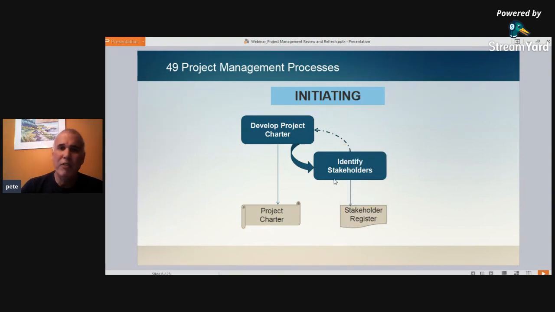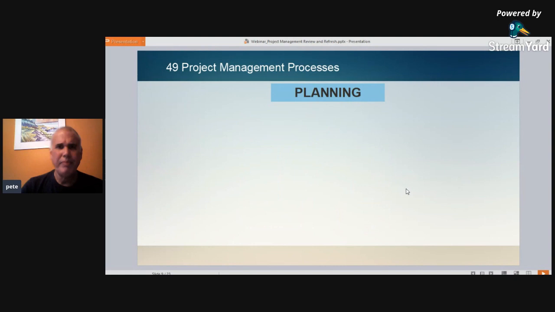And from identify stakeholders, we're going to come up with a stakeholder register. That's a project document that's going to just record who the stakeholders are and some basic contact information, what department they're from, what organization they might be from, contact information, etc. With that, we can go into our planning processes.